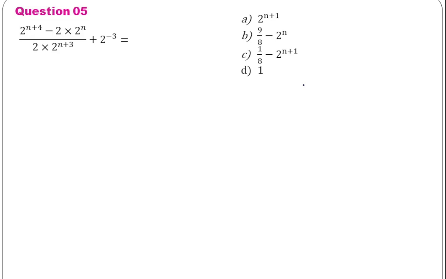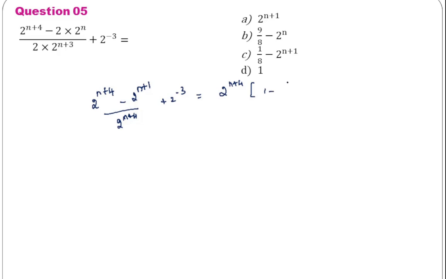Last question. Here first we can use the power rule on the numerator and denominator of the first term. 2 power n plus 4 minus 2 power n plus 1 over 2 power n plus 4 plus 2 power minus 3. Then we can take common 2 power n plus 1 from the numerator.